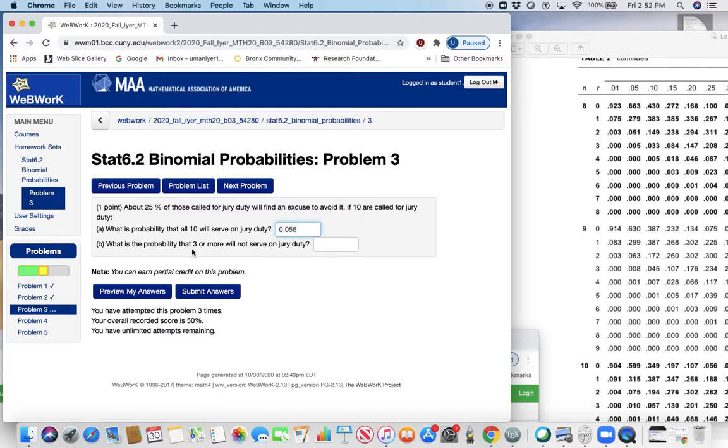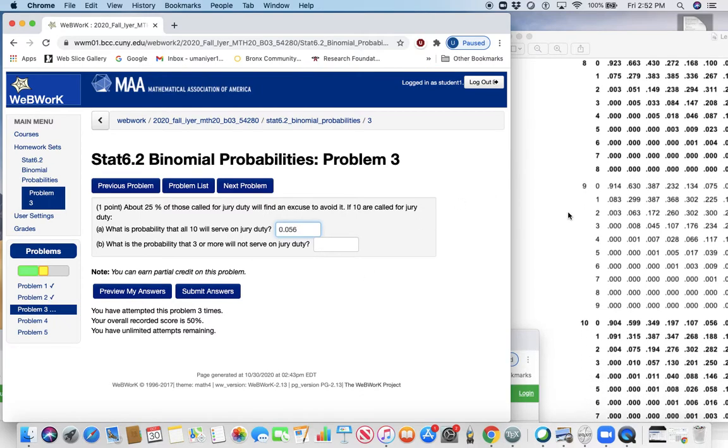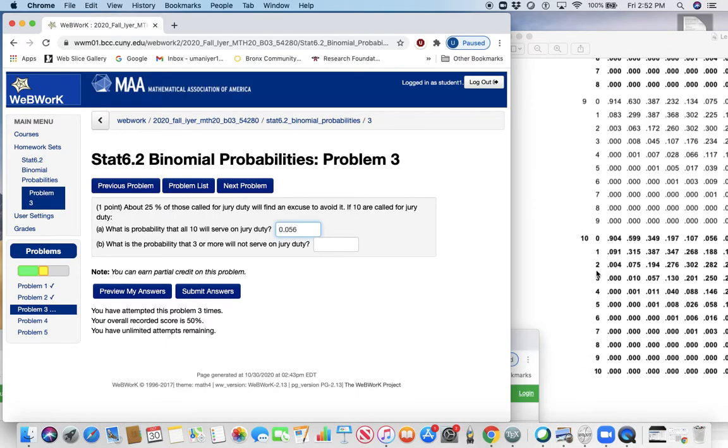What is the probability that 3 or more will not serve? That means you have 3 or more successes. So you want to add all of these numbers, starting from 3.